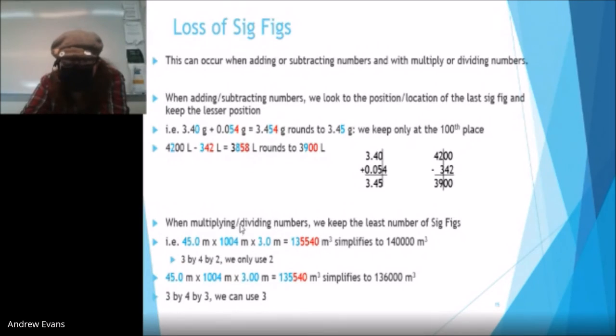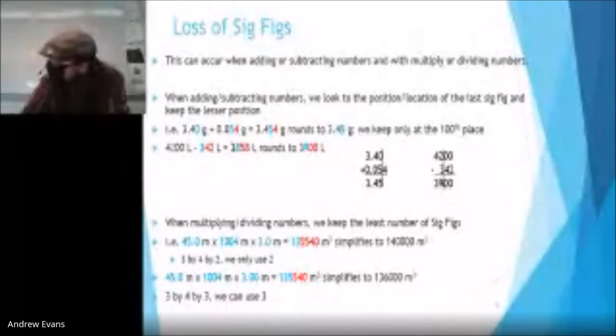When we multiply and divide, it becomes a bigger factor. And we're going to be multiplying and dividing far more than we do addition and subtraction. We will do addition and subtraction, but just not that often. So when we multiply and divide, we actually just keep the straight up number of sig figs. So what this means in the long run is you are going to want to, in lab, record as many decimal points as the number will allow for.